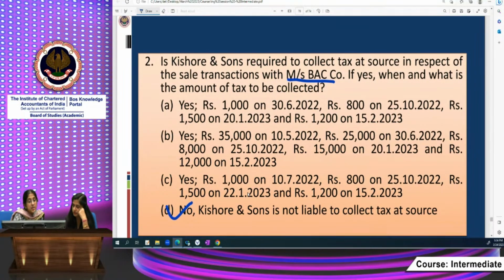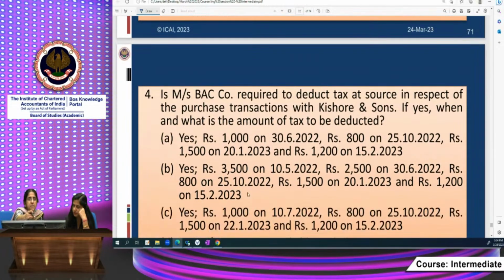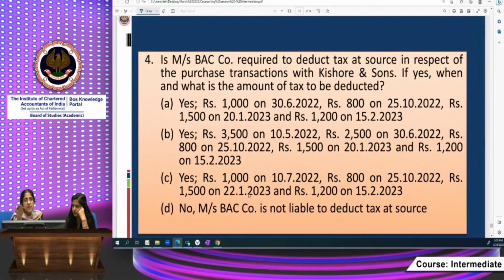There is another question on deduction. Fourth question. I come straight to it, I skip the third one because it's a related question. Is BAC company required to deduct tax at source? If yes, when and what amount? Yes, it is required to deduct tax on the amount exceeding 50 lakhs. So it will be 1,000 on 3/6/2022, 800 on 25/10/2022, 1,500 on 21/2023, and 1,200.